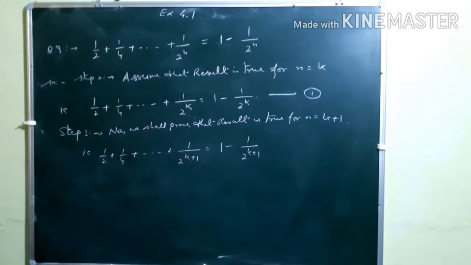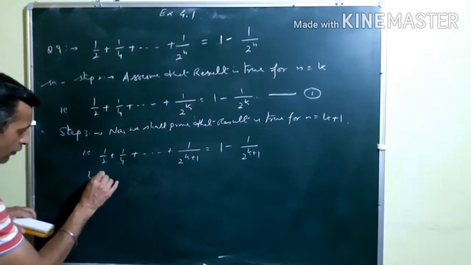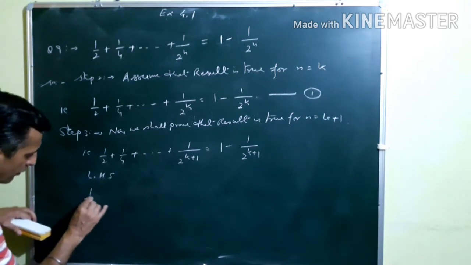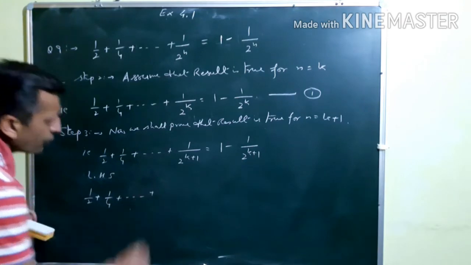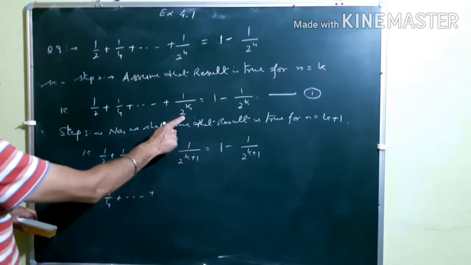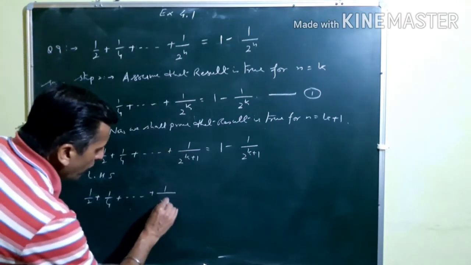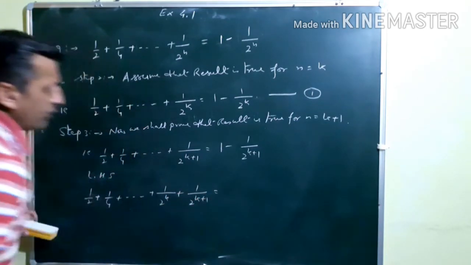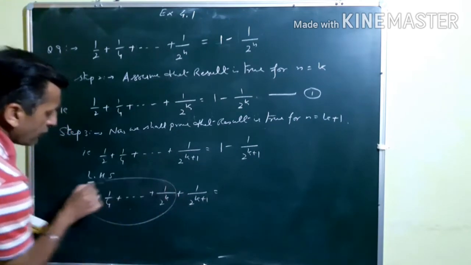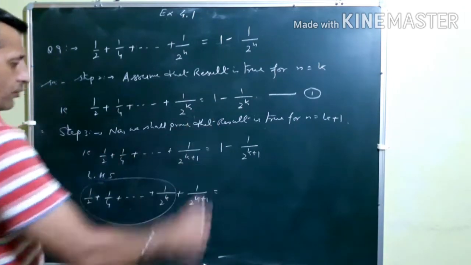And I am taking the left hand side. So taking the left hand side, that means 1 by 2 plus 1 by 4 and so on. This is the last term, and I am taking the second last term, 1 upon 2 to the power k, plus 1 upon 2 to the power k plus 1. Up to here, you know the sum of these terms is equal to this one, so I am going to use this.